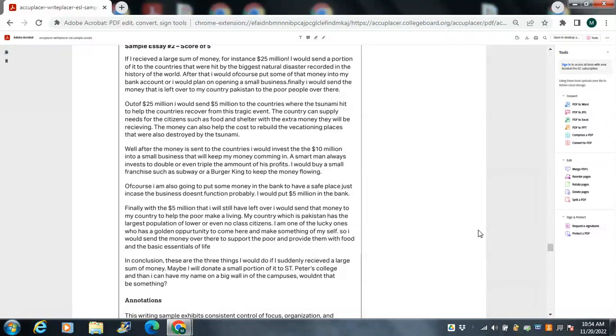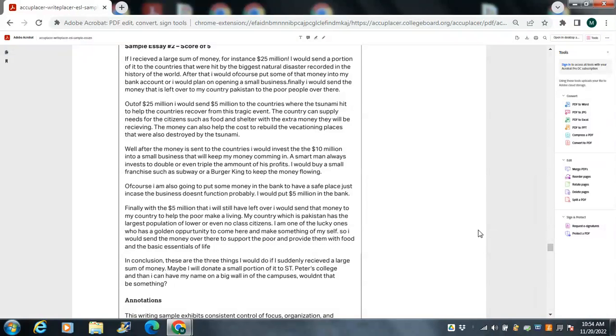So with that said, writers, let's go ahead and jump into our 5 out of 6 essay. The first thing I want to do is zoom out and see what the student created from a zooming out standpoint, and then we'll go into each paragraph and dissect it sentence by sentence.